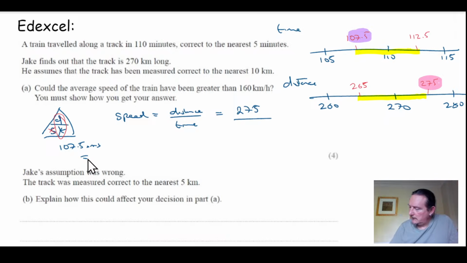I think I might just divide by 107.5 and times it by 60. In that case, that will turn it from kilometers per minute into kilometers per hour. Otherwise it's going to be a horrible calculation I don't really want to write down. So that's 275 divided by 107.5 times by 60, and that comes out to be 153.5 kilometers per hour.